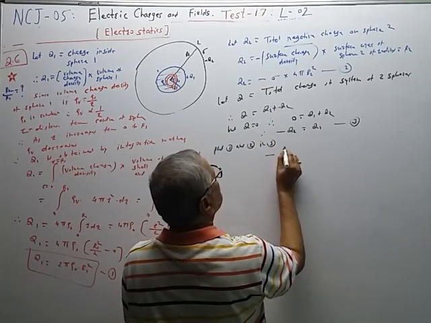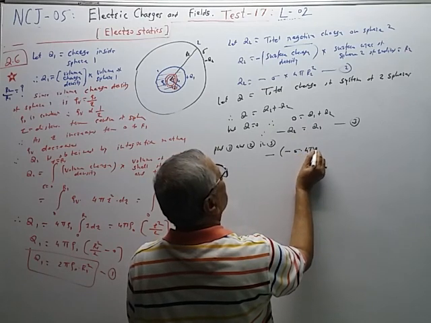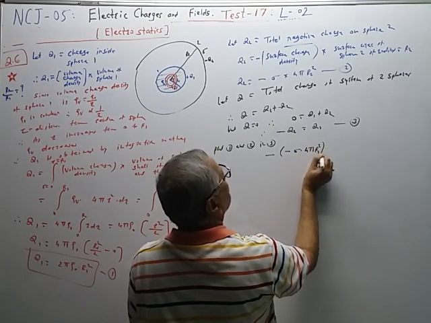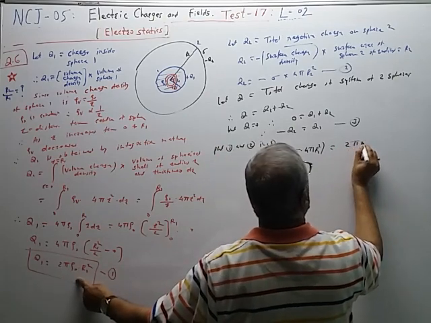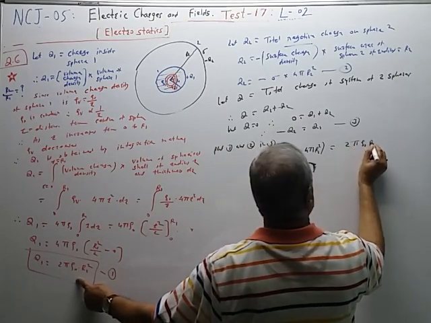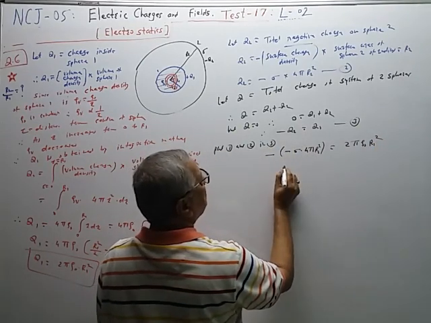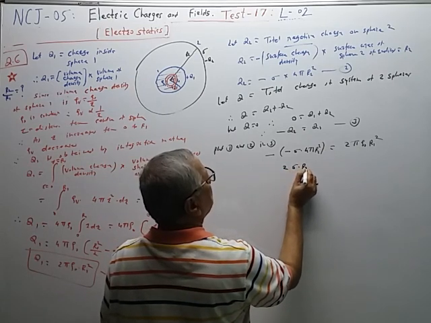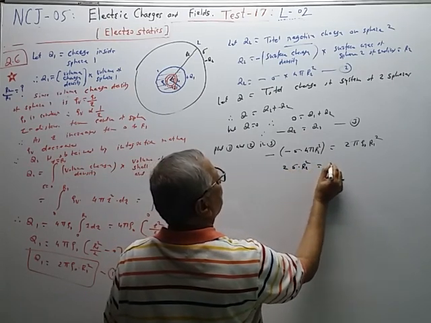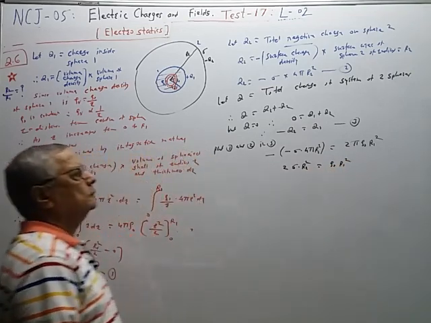So minus sigma into 4 pi r2 square is equal to, the value of q1 is this, 2 pi rho 0 into r1 square. So minus sign will get cancelled, pi will get cancelled. So 2 times sigma into r2 square is equal to rho 0 r1 square.